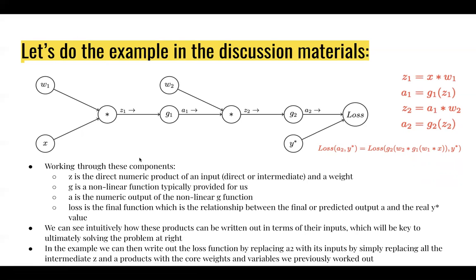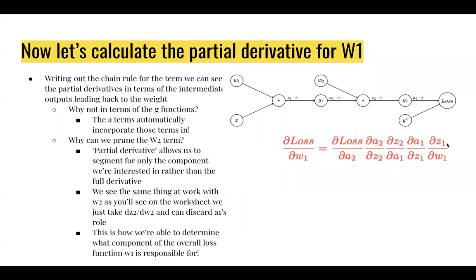Conceptually, that's the difference, and that's why we take the partial derivative of the loss: we're trying to tease out the relationship between a particular weight and its cascading downstream impact on loss. That's where the chain rule becomes so important.